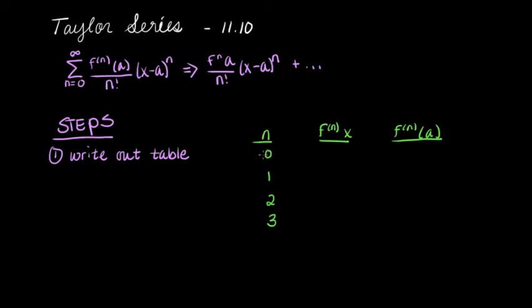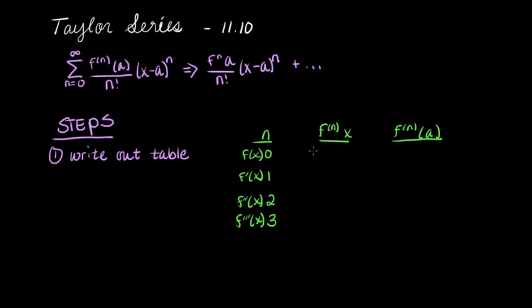The 0, n at 0 just means simply f of x. Next one is f prime at x, then I'll go f double prime, and so on and so forth. So when you set this up, just know that this 0 means your original f of x. 1 is f prime, 2, f double prime, and so on.